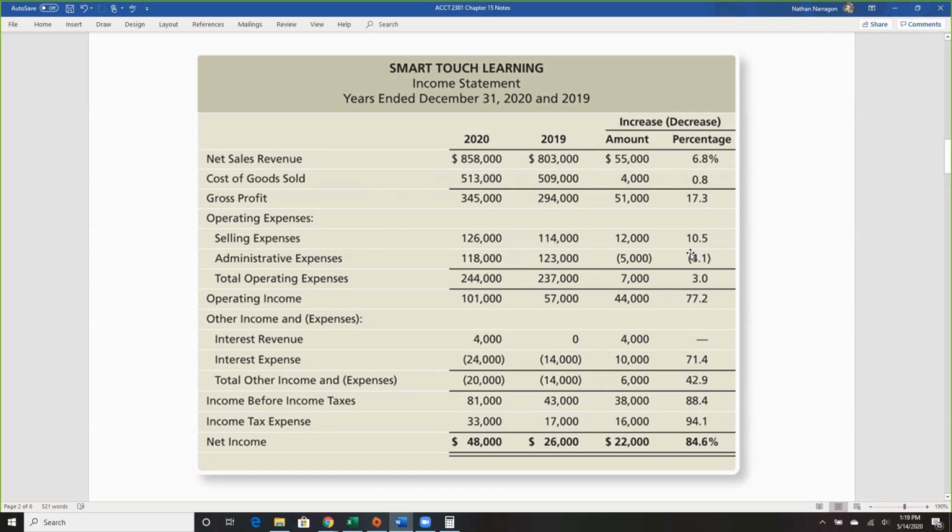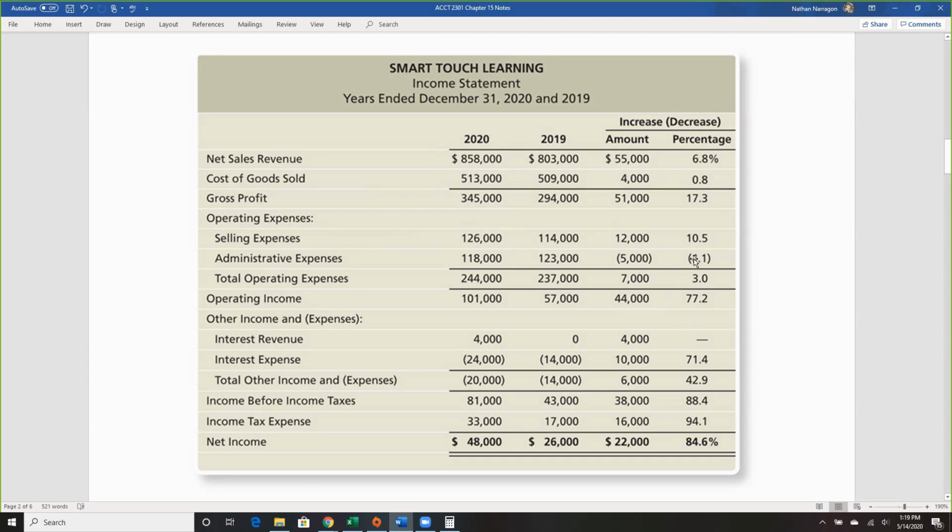We usually will check on that because that is a big number, and it's probably because, again, the higher sales, and we probably hired a few more people. Now, if it's a huge percentage, like a 30 or 40% increase, it may end up having to scale back in the next year.